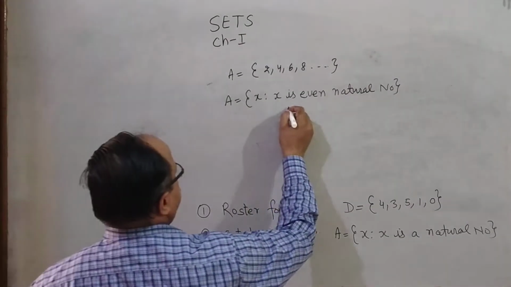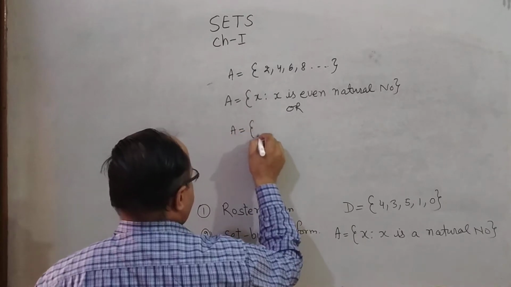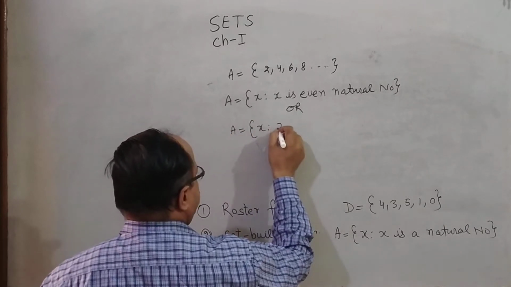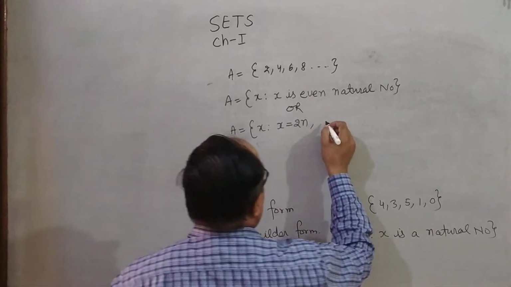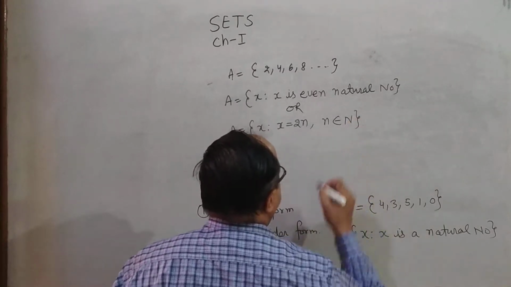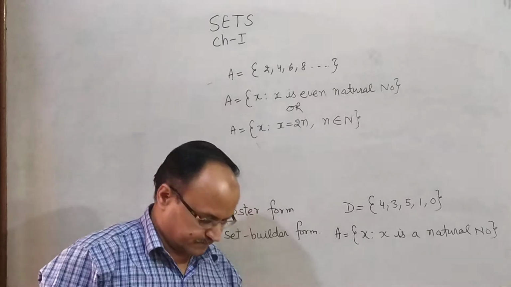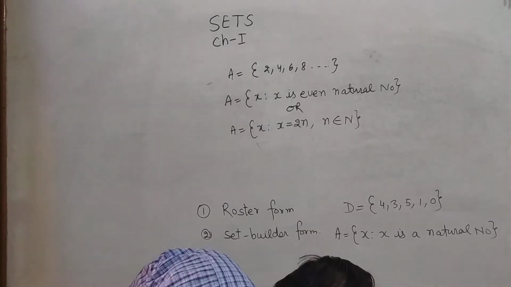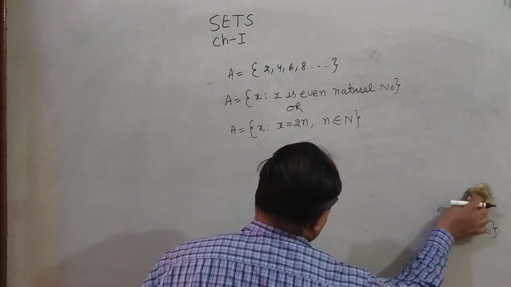Or you can write set of all x such that x is equal to 2n, where n belongs to natural numbers. This is also a way to write the set builder form. Clear?